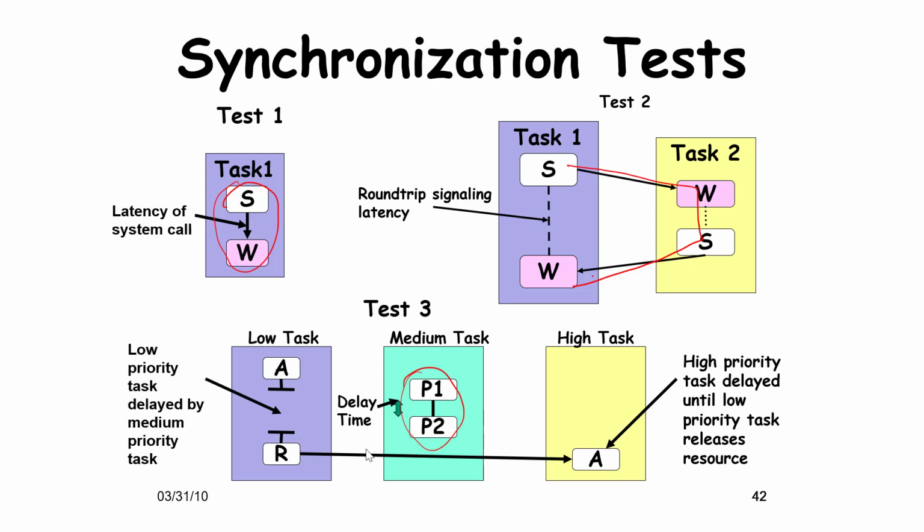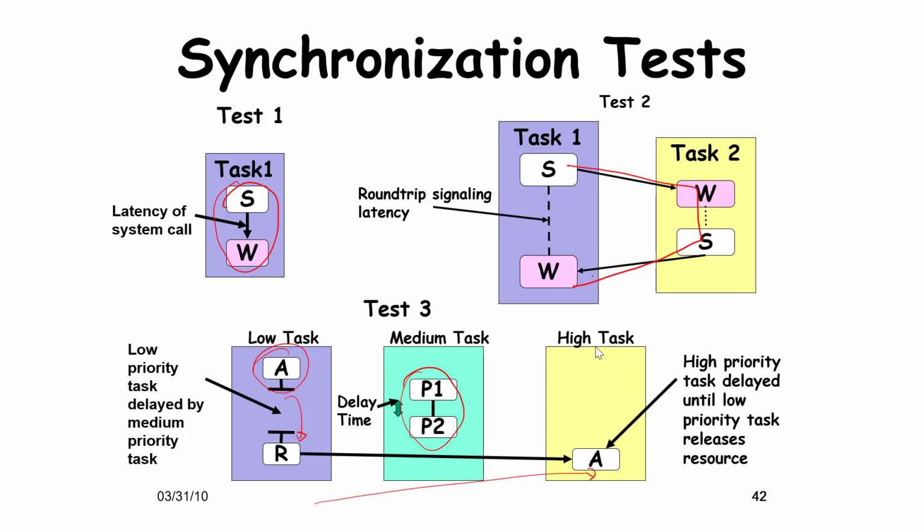So this is actually kind of simulating an unbounded priority inversion case where a low priority task is being swapped out by a medium priority task, and then the high priority task has to wait because the low priority task has basically grabbed onto a resource. So even this can be measured.